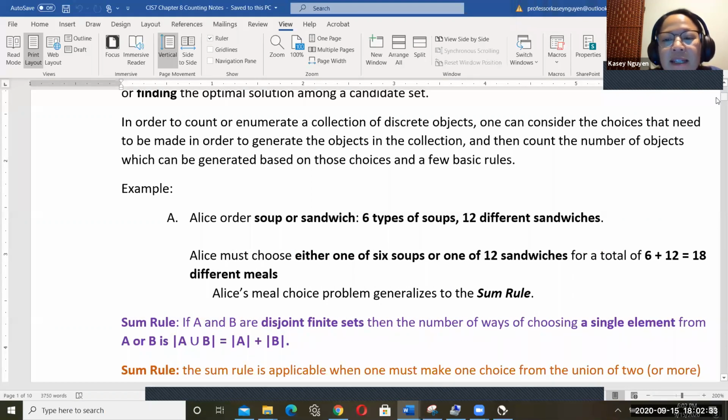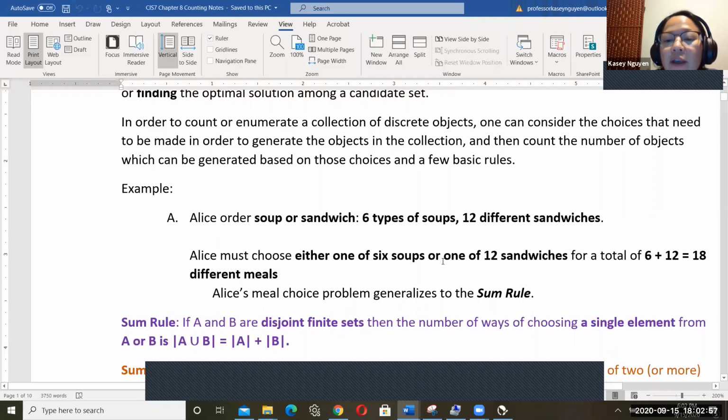There are 6 types of soup and 12 different sandwiches. Alice must choose one of the soups or one of the 12 sandwiches. When she selects the soup, she has to pick one out of the 6, or, the key word here is or, one of the 12 sandwiches.